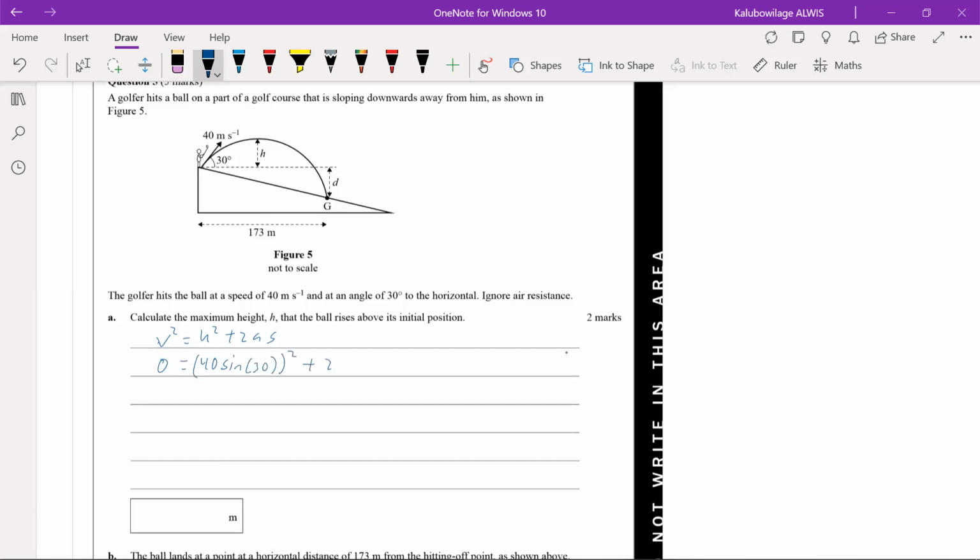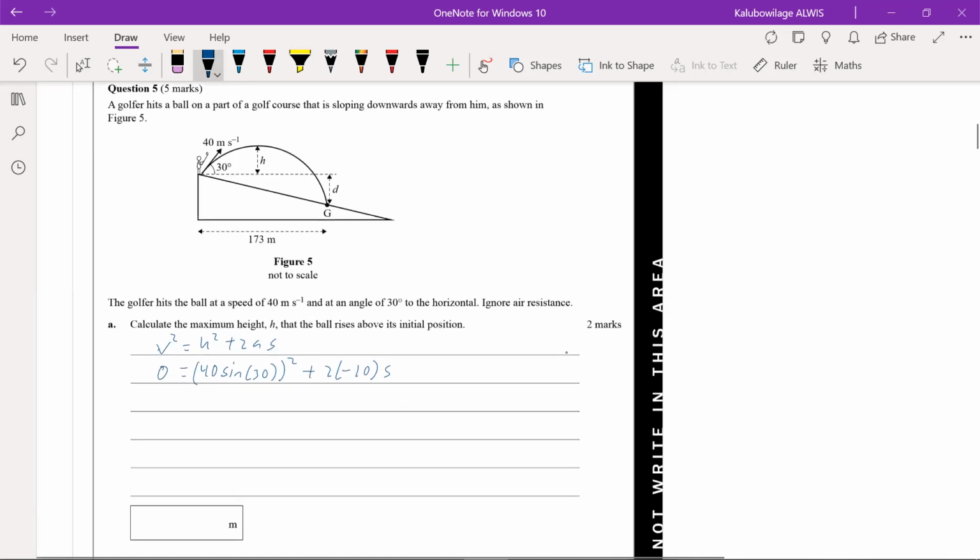It's 2 times acceleration, which is minus 10, and we don't know the distance, the height. Then the height comes to 20 meters.